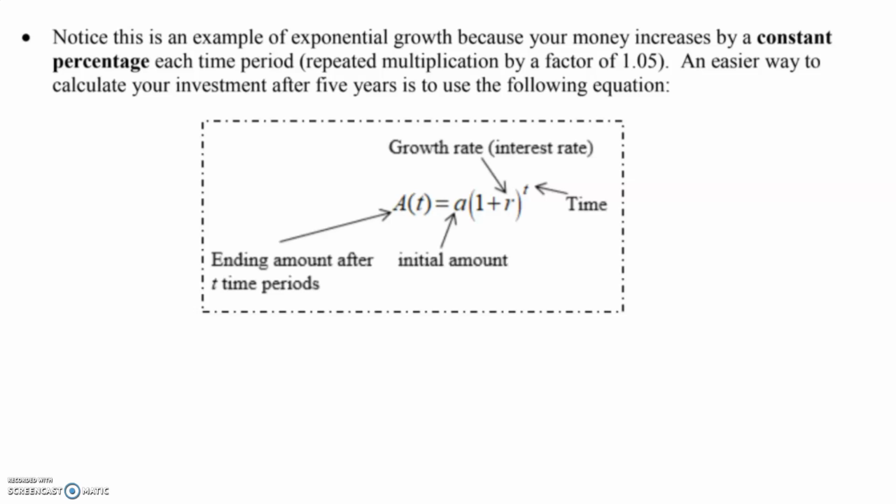But for now, I want to go through and talk through the actual equation for compounded interest. Okay. So notice that this example of exponential growth, because the money is definitely increasing by that constant percentage, that 5% each year in that previous example, thus the 1.05 as our growth factor. Easier way to calculate this investment after 5 years is this equation. Okay. The A of t, my function notation, this is the ending amount after t years, so t being the input.